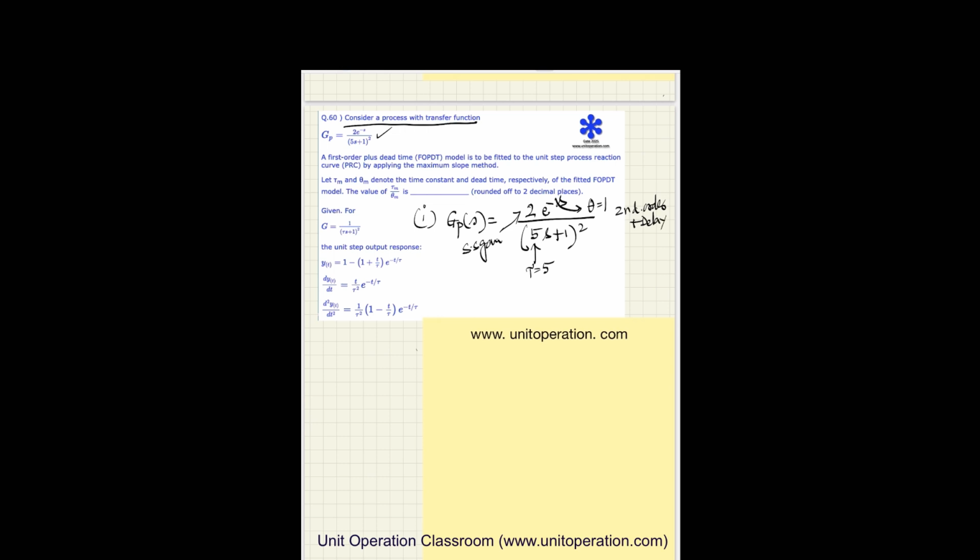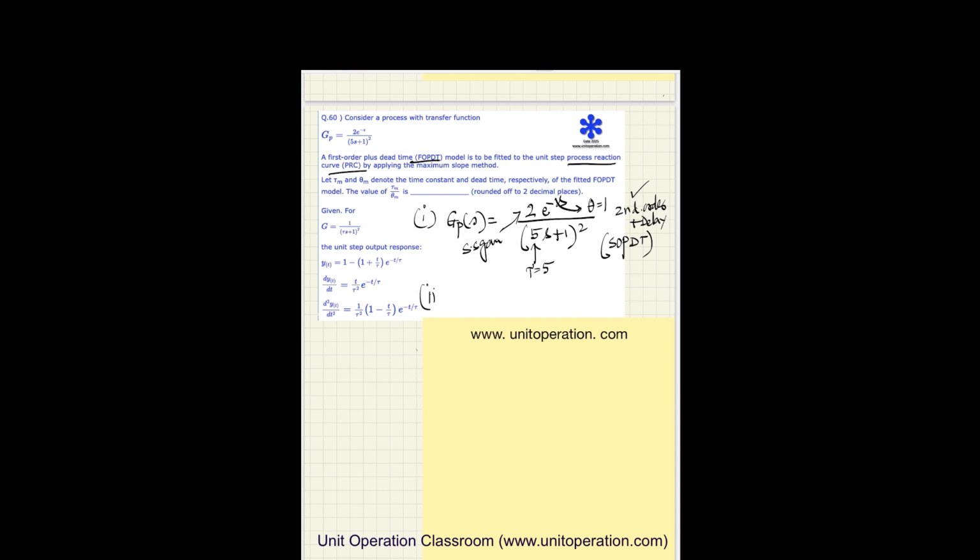Let's call this an SOPDT. So according to this problem, for the process reaction curve, or the PRC of this system, we have to fit an FOPDT model. What is an FOPDT model? Let's quickly write it down.